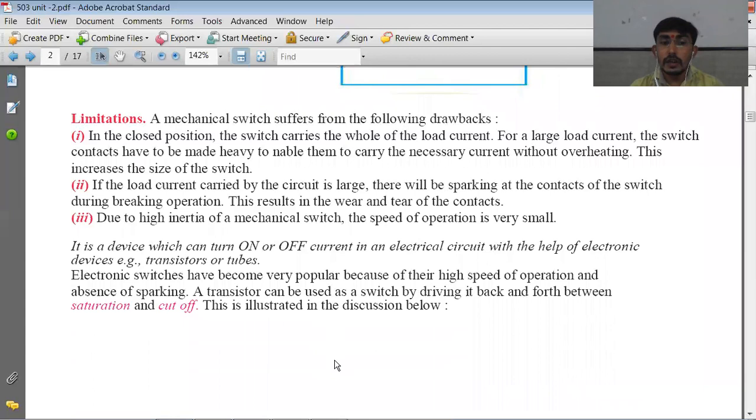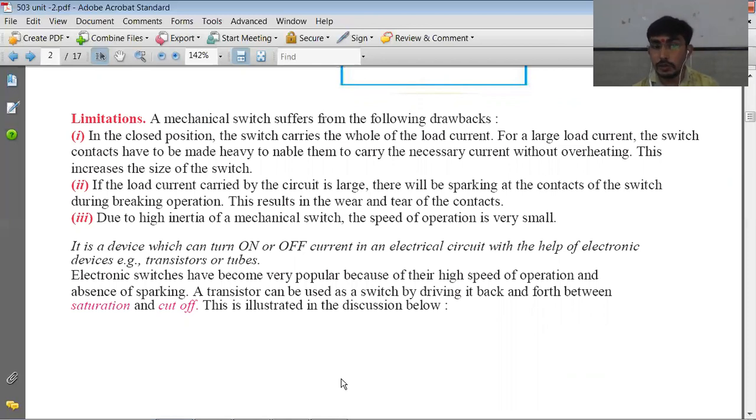An electronic switch is a device which can turn on or off the current in the electrical circuit with the help of electronic devices. Those electronic devices are most probably transistors or tube devices.